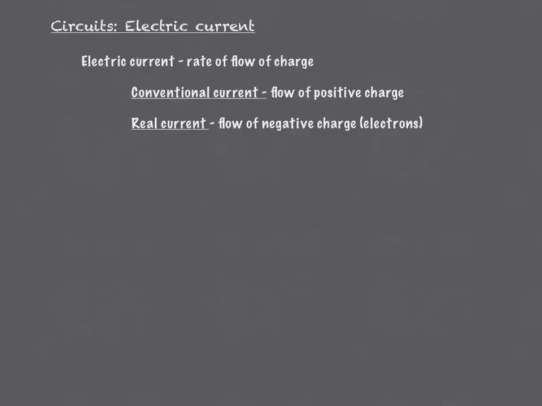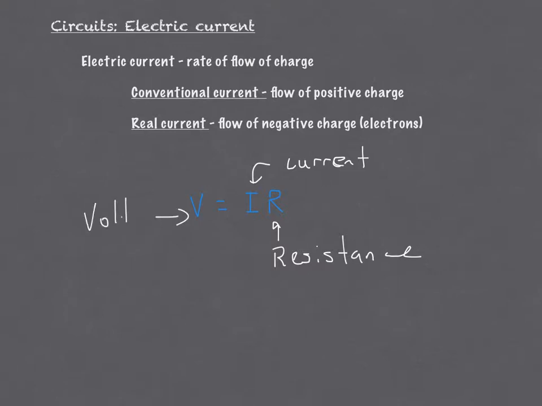So V is equal to I times R, where I is the current, R is the resistance, and V is the voltage. And again, this is called Ohm's law.